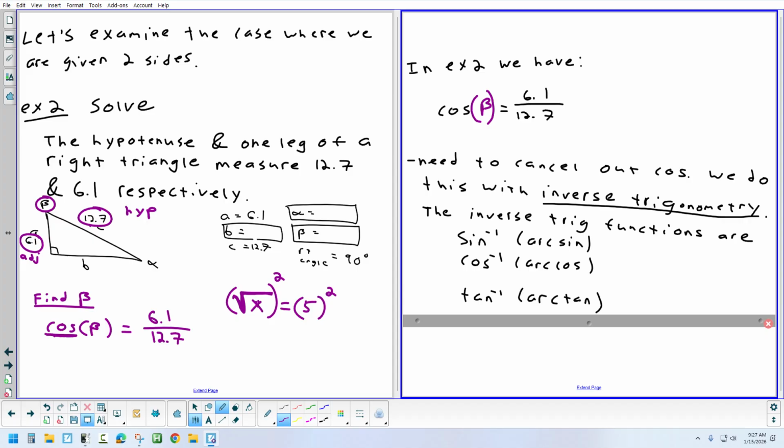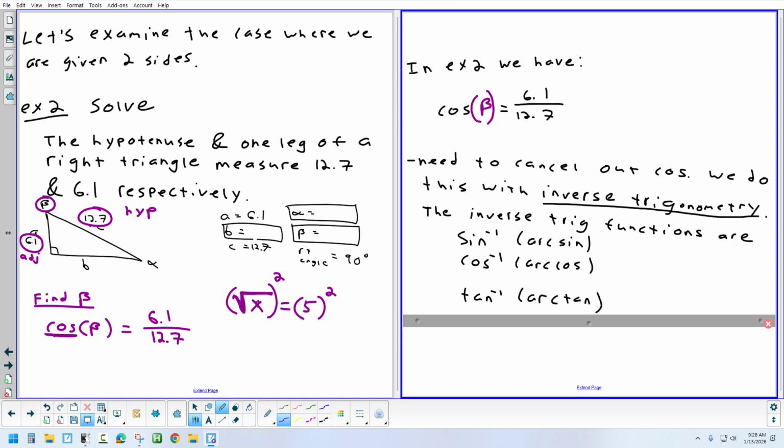Now the -1 is written in a spot where you would normally see an exponent, but that -1 has nothing to do with being an exponent at all. The -1 in a position that's a little bit higher than the trig function is just a symbol that means inverse. That's all it means.